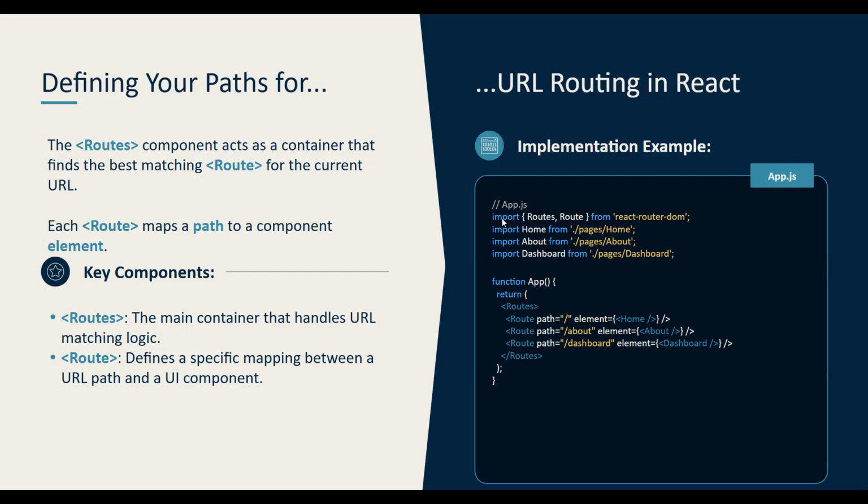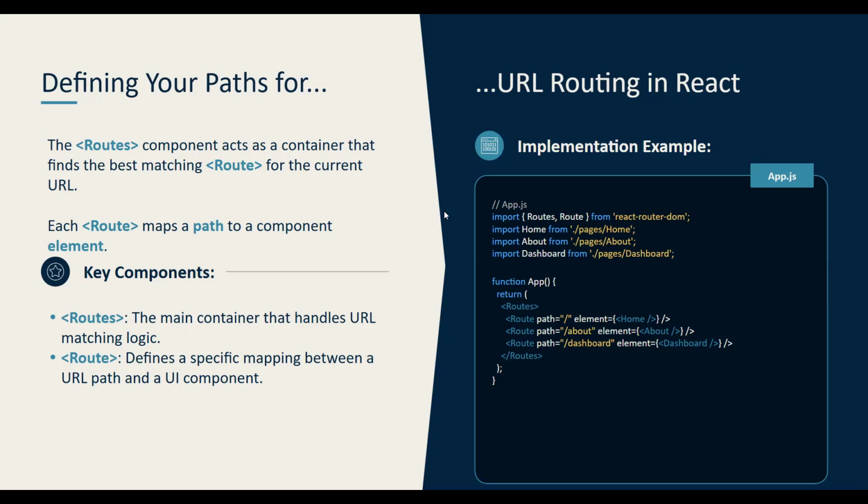So when the URL matches that path, React Router renders the corresponding element. In this example, the root path renders the Home element, the about path renders the About component, and the dashboard route renders the Dashboard component.